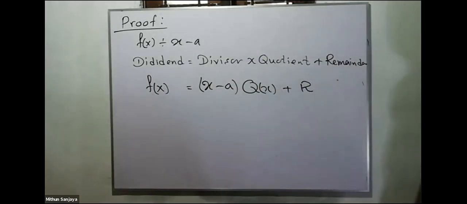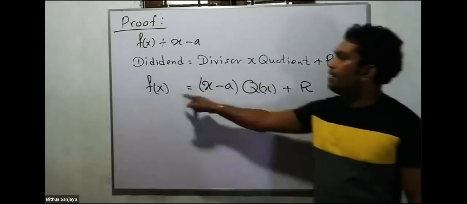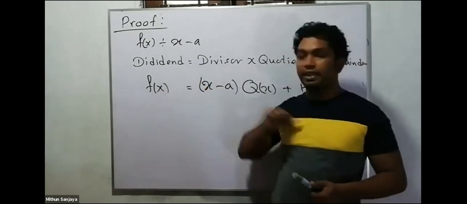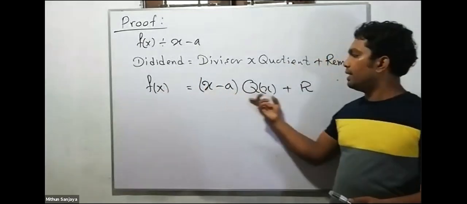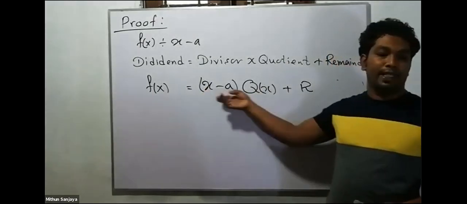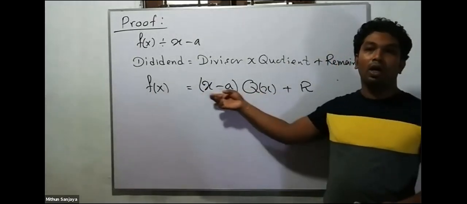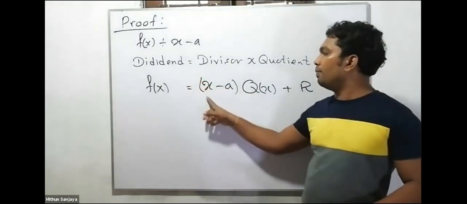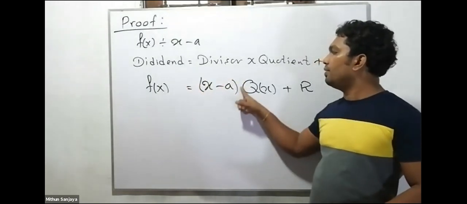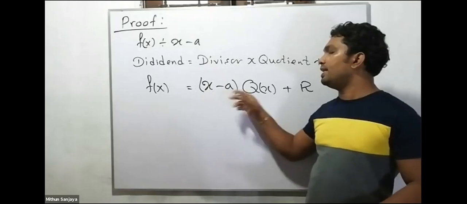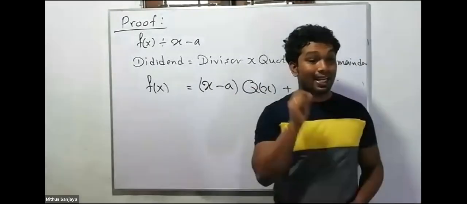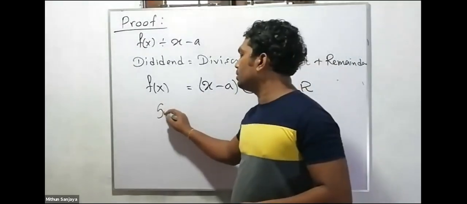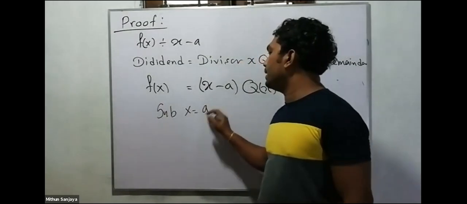Now we need to get the relation between r and f(x). So we need to remove this entire part. The only method is to make x minus a become 0 for some x. For that, I substitute x equal a here.